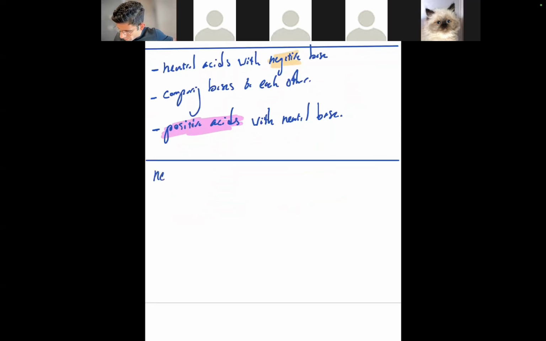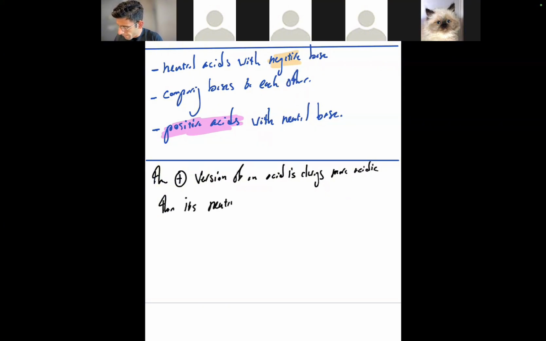So first of all, before we talk about these three scenarios, it's a general thing: the positive version of an acid is always more acidic than its neutral version.